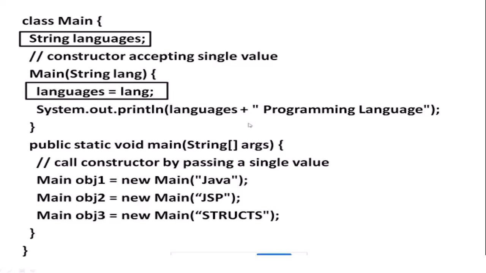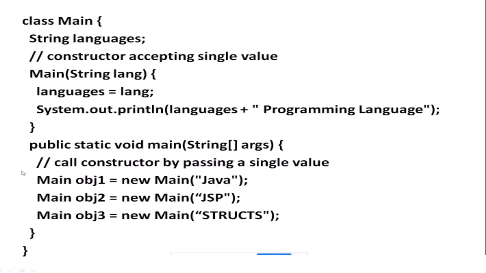Now we are going to type the programming languages you are going to pass. Here we have created an object of Main, obj1 equal to new Main. If you observe, we are directly passing the arguments. Here, if you consider Java, how many objects have we created? 3 objects.